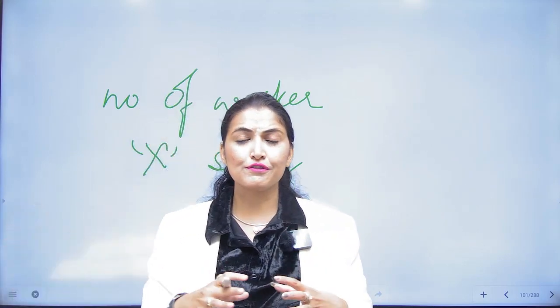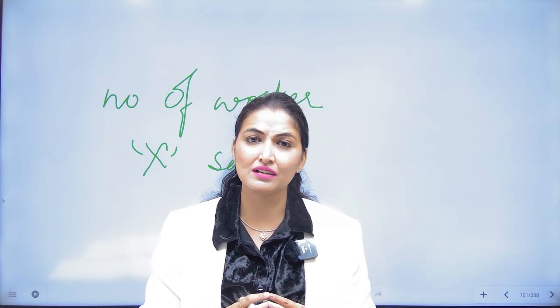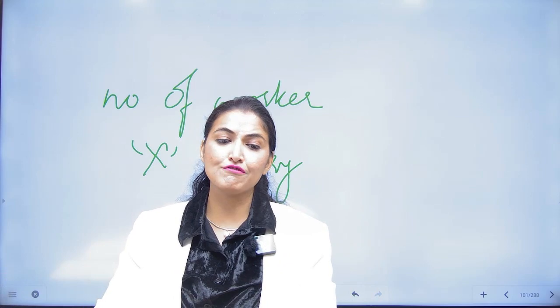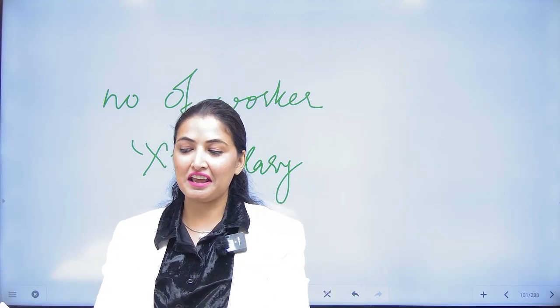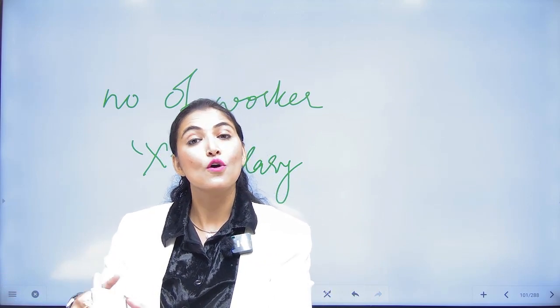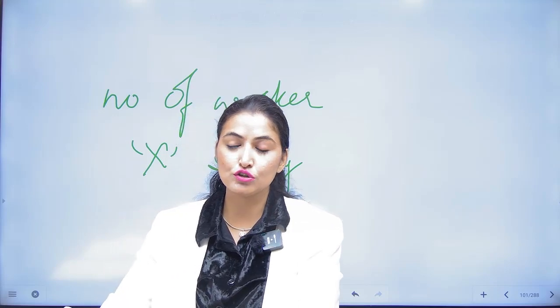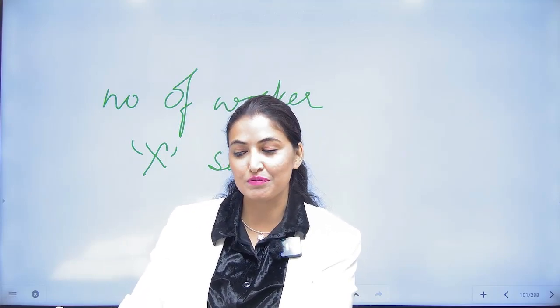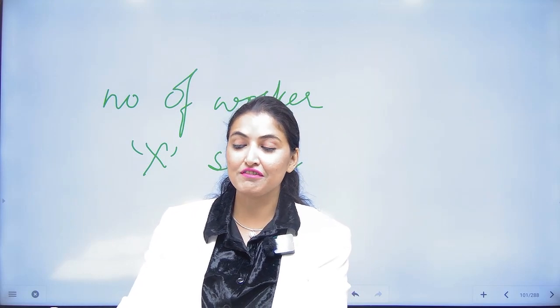Now, if you actually see this particular thing, substantive analytical procedure, have we read this before? The answer is yes. When you read audit evidence, you see there are two ways of getting audit evidence. One is risk assessment procedure, other is substantive analytical procedure.